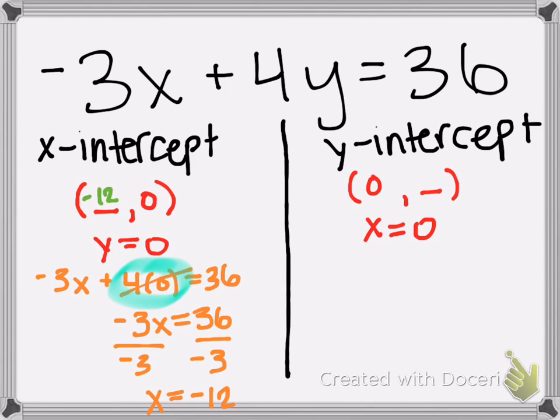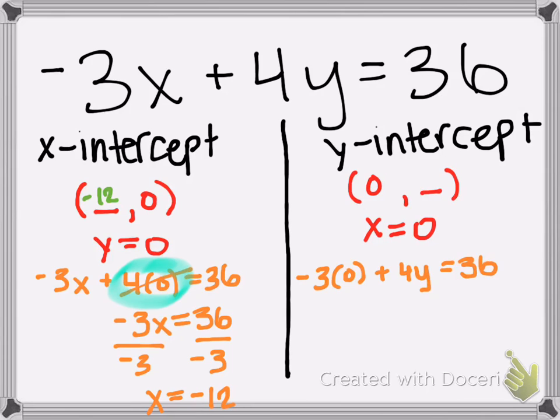I'm going to give you a silent 5-second head start to see if you can find the y-intercept and just make sure you do the first step correctly. So if we know x equals 0, then we should do negative 3 times 0 plus 4y equals 36. Did you do that correctly?